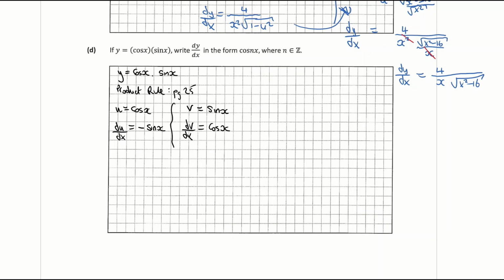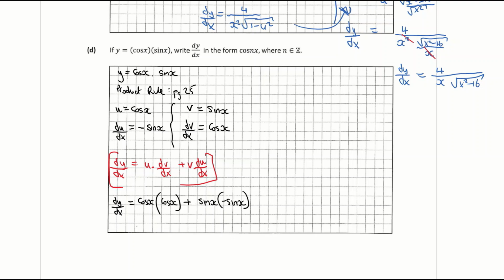The rule for the product rule is given by dy/dx is equal to u times dv/dx plus v times du/dx. Again, that's all from the log tables. So filling that in, dy/dx is equal to u, which is cos x, multiplied by dv/dx, which is cos x again, plus v, which is sin x, times du/dx, which is minus sin x.